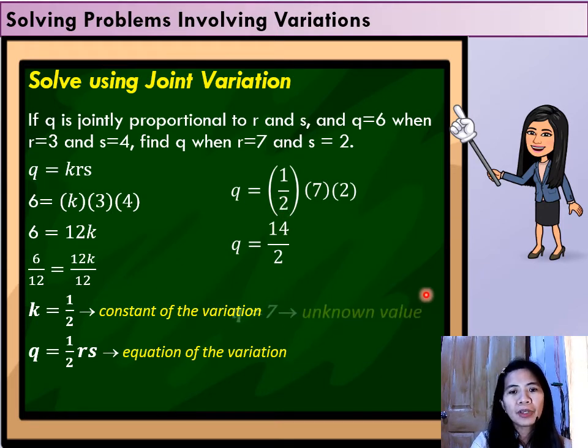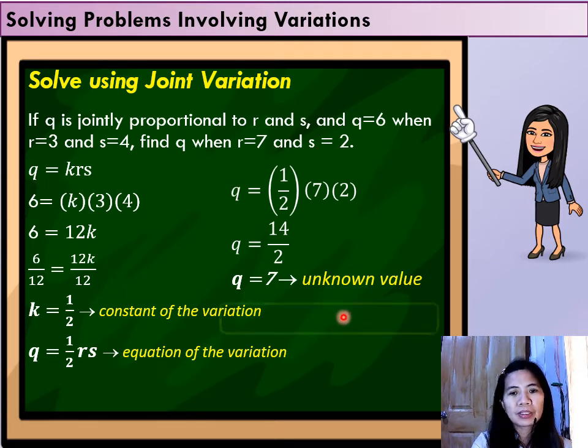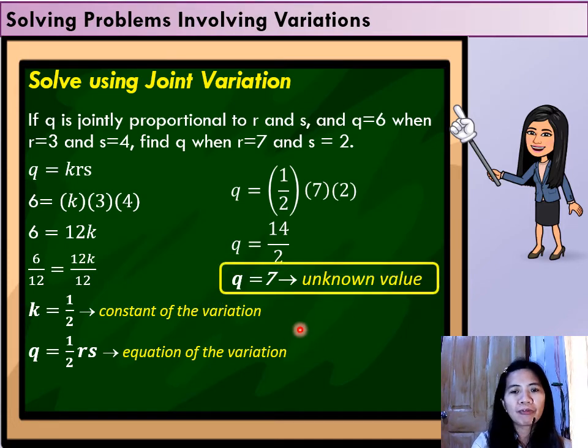Then 14 divided by 2 equals 7. So the value of our Q is 7 when R is 7 and S is 2. This is our unknown value that we find.